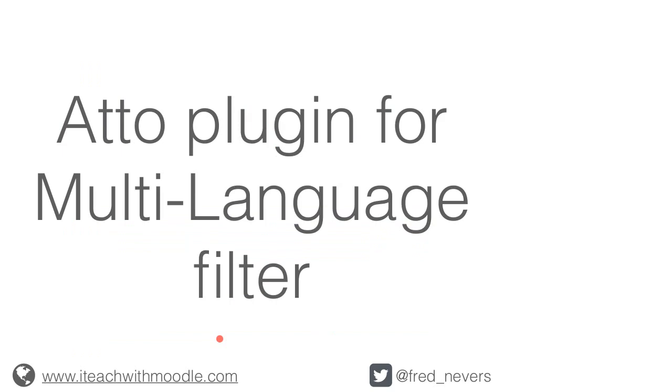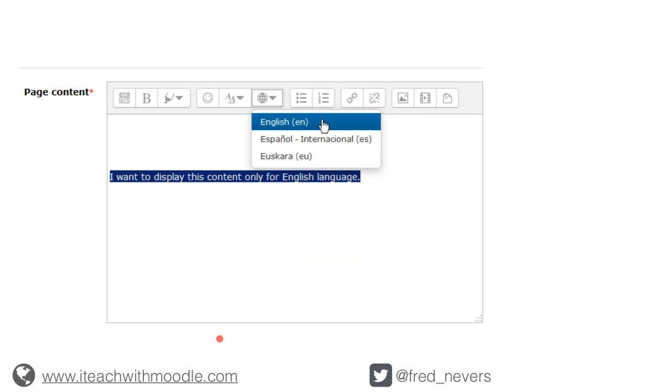Another plugin that you might want to use in conjunction with the multi-language filter v2 is the Atto plugin to make it even easier to create multi-language content. Whenever you have a string that you've written, a piece of text, you can define what language that string should be visible in.